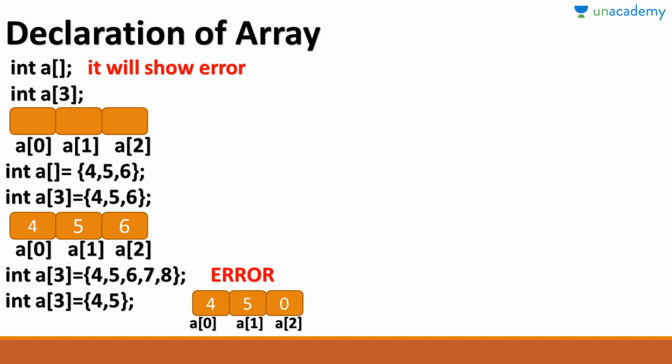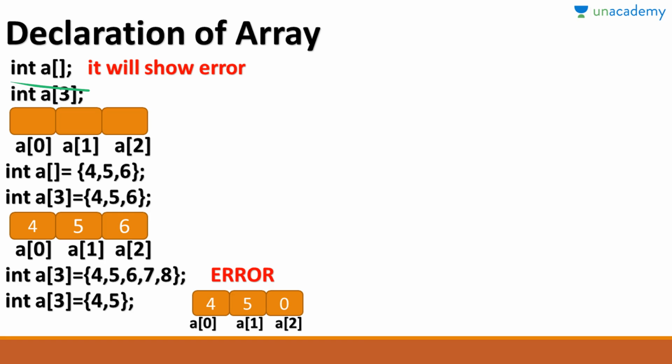So how will you declare an array? So declaration of array, in the previous example we have seen that int a and there is a square bracket semicolon. So if we leave the square bracket empty, then it will show some error, because inside the square bracket we are declaring the size of the array, and this will show some error if we leave it blank.